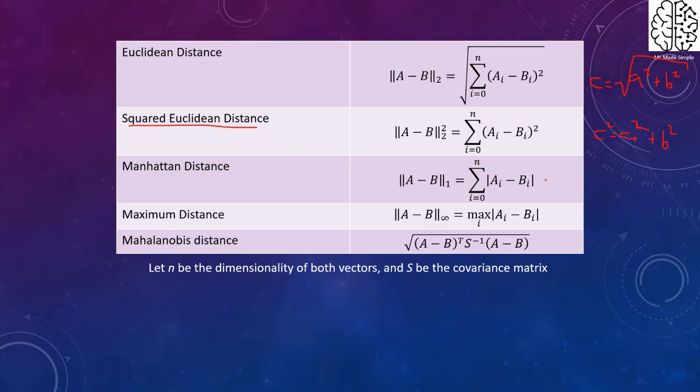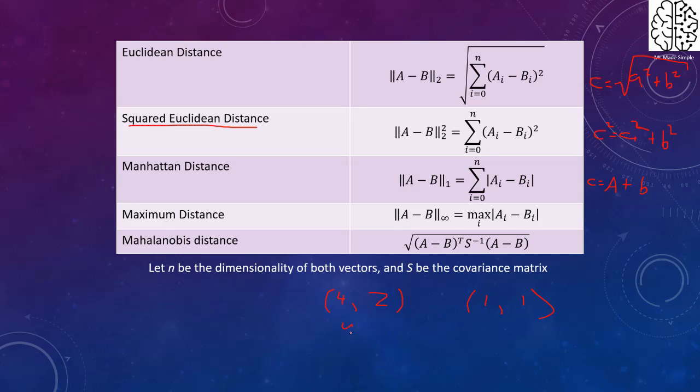We can also use Manhattan distance, which is always nice. It takes a minus b. So we have the two vectors, 4 and 2, and 1 and 1.